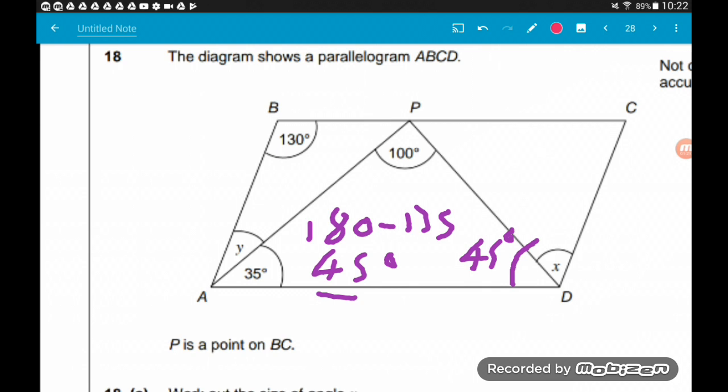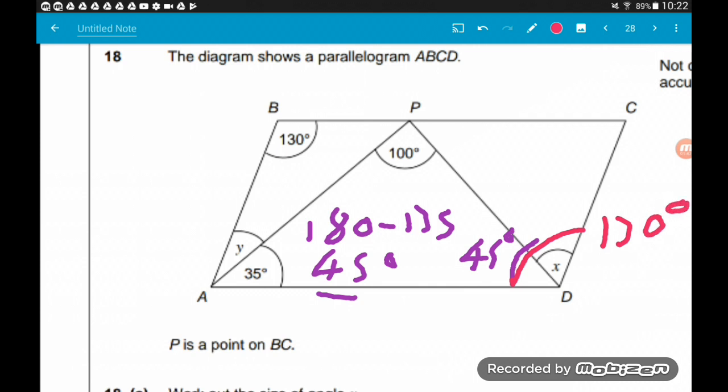Now at the moment, there aren't really any other blanks that we can fill in, but remember, opposite angles in parallelograms are equal to each other. So we've got this top right angle of 130 degrees. That means this whole angle down here is also 130 degrees.